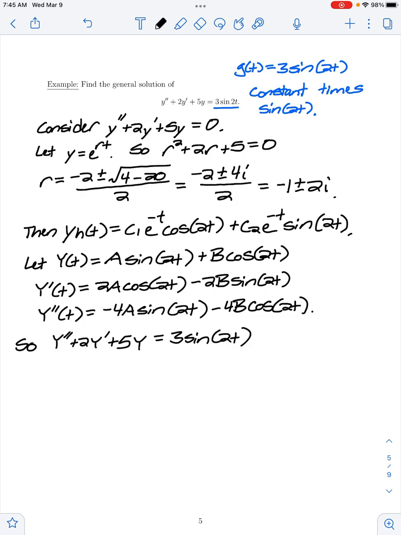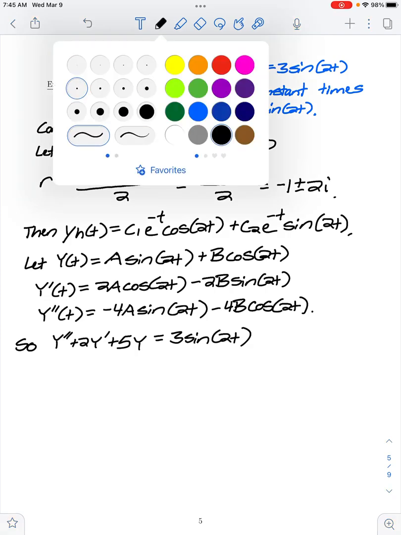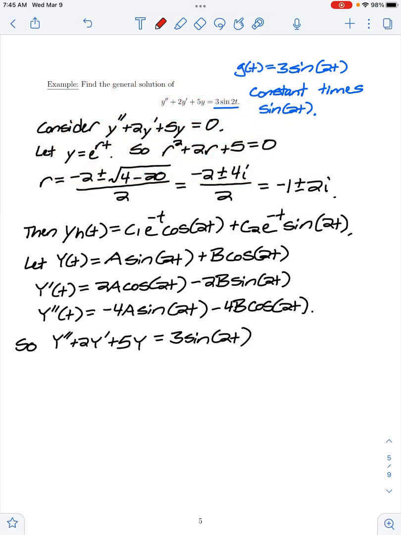Now, if we substitute these expressions into our non-homogeneous equation, let's see what we have. When I substitute in and collect all of my sine terms, looking at the sine terms from y prime and y double prime on the left-hand side, y double prime plus 5y will leave us with 1a sine of 2t.